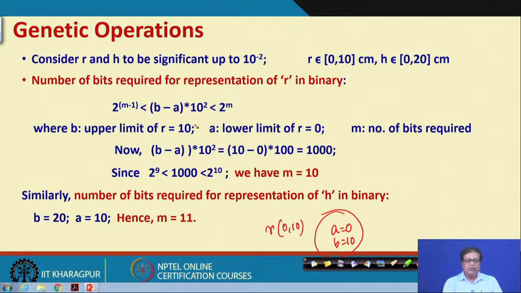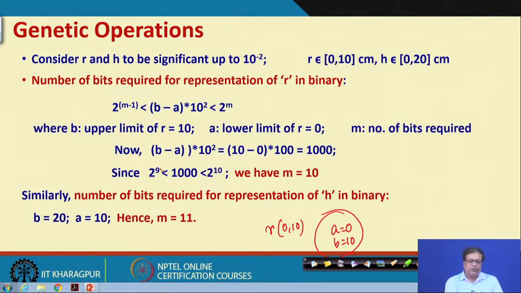You can see b minus a in this case gives 1000, because we need 2 digit accuracy, that is why 10 to the power 2. So, we need at least 1000 points, and the binary should represent at least 1000 points.